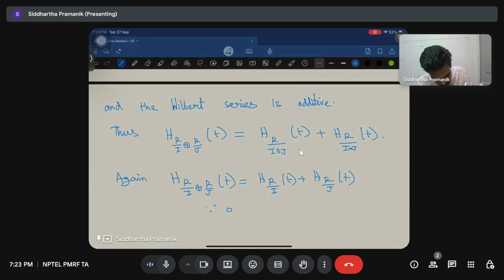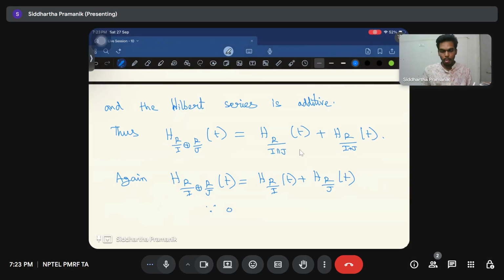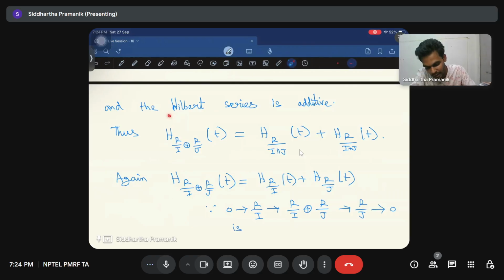Because 0 to R mod I, to the direct sum of R mod I and R mod J, to R mod J, to 0 is also a short exact sequence. So again use the fact that the Hilbert series is additive.